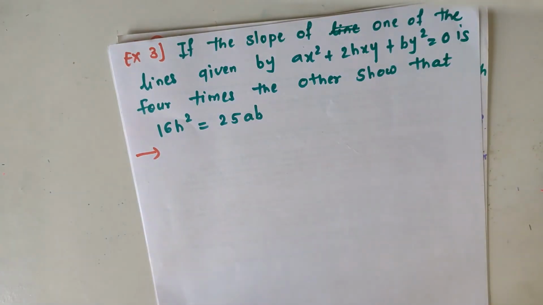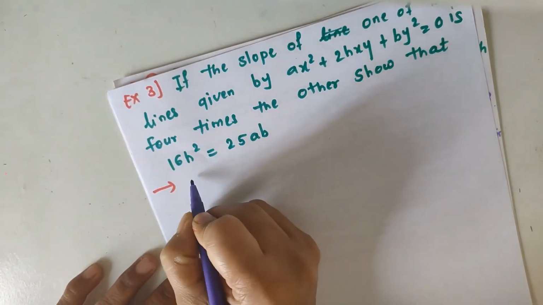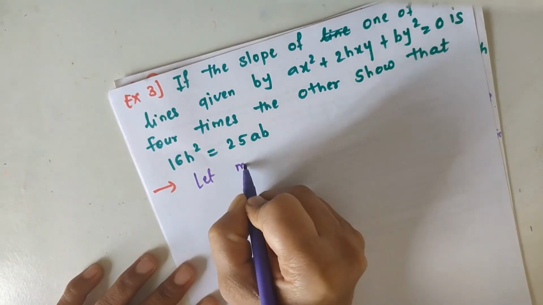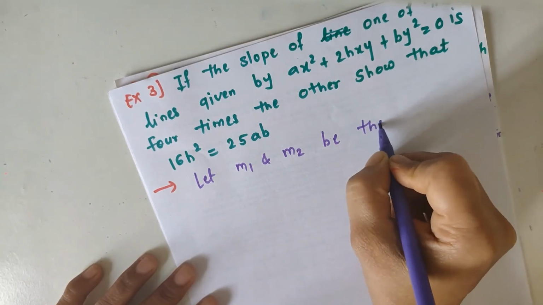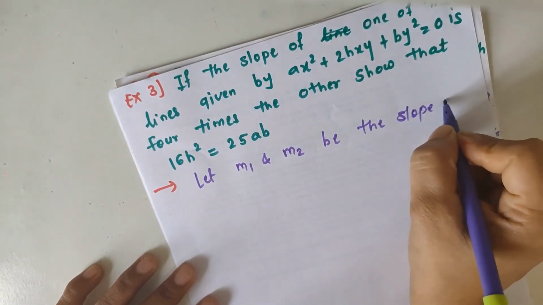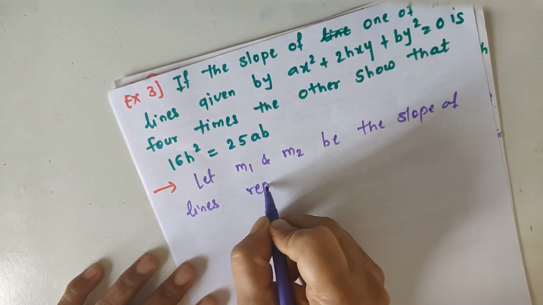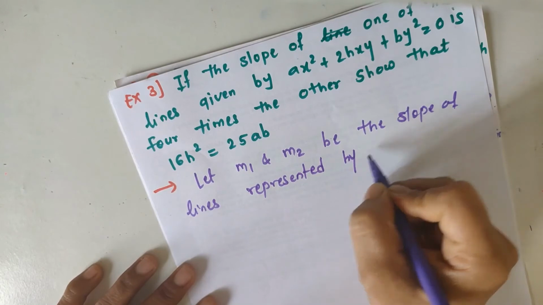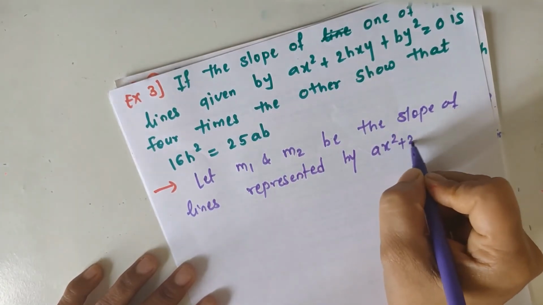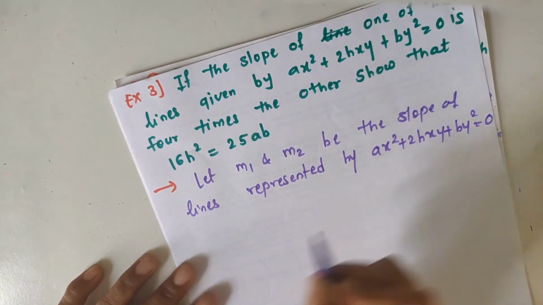So first let's consider the slopes of lines represented by the homogeneous equation. So let m1 and m2 be the slopes of lines represented by the homogeneous equation ax square plus 2hxy plus by square is equal to 0.